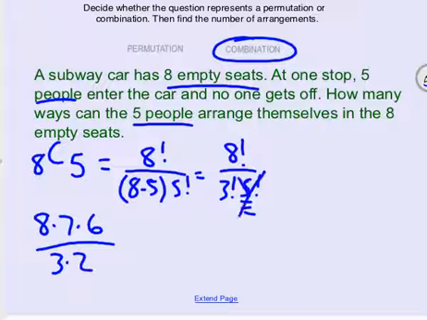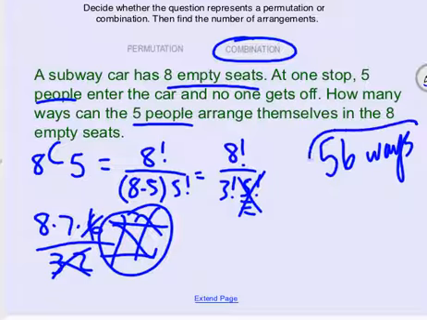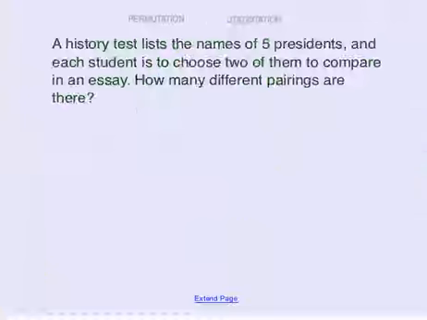Notice this 5 factorial I'm canceling out with the rest of these. So these 5s are canceled here. 2 for 1, 3 times 2 cancels with a 6. I'm going to have 56 ways they can arrange themselves. Right? So you have to pay attention to those numbers.